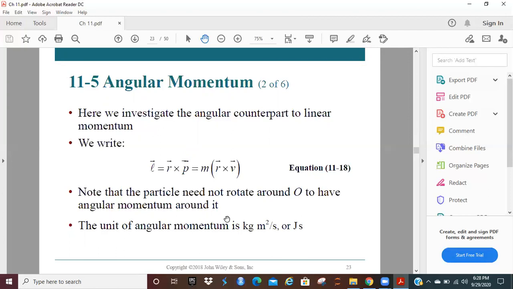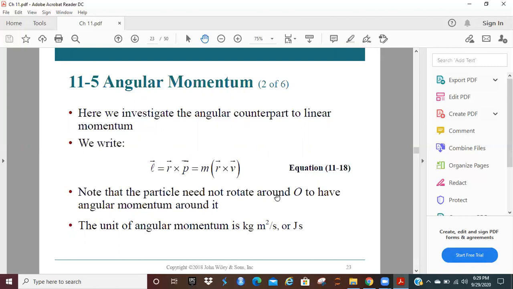If you take your vector r and cross it with the momentum vector, you can rewrite this. Since mass doesn't depend on its position, it can be factored out of the momentum. Remember, momentum is your mass times the velocity, so that m comes out at the front. It's just m r cross v.